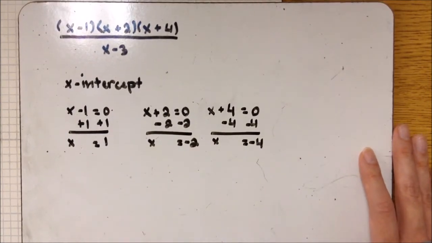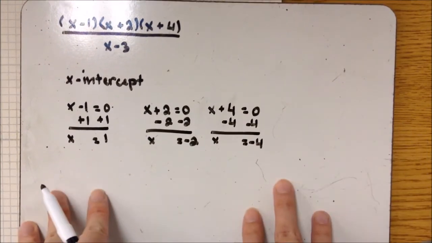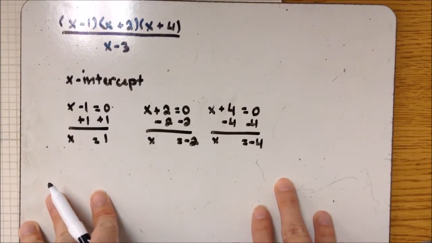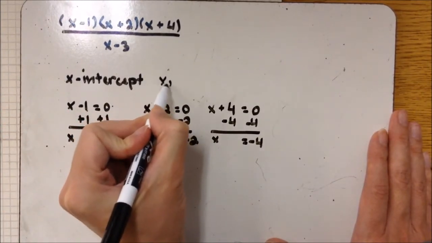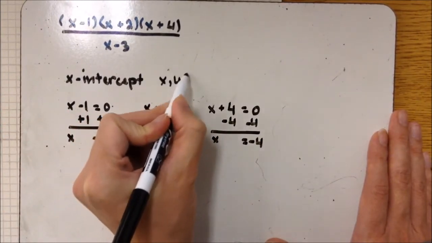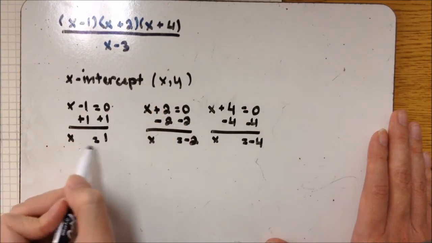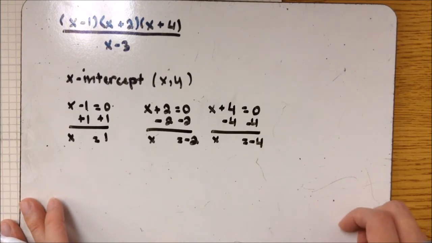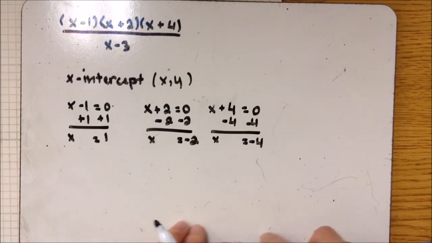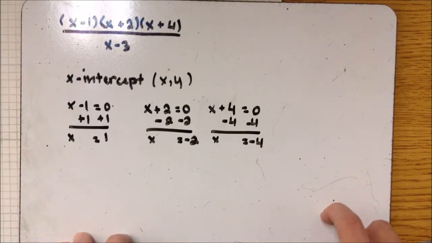Now, again, this is just the x-intercept. Remember, an x-intercept is always a coordinate point, x, comma, y. If we find all the x-intercepts, the only thing they have in common is that they are along the x-axis. That means the y value is always 0.